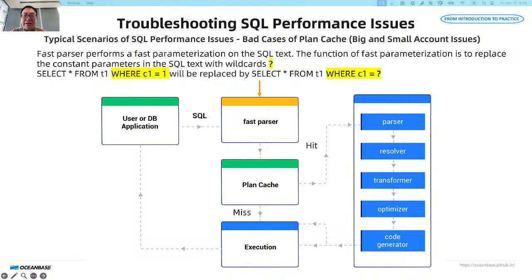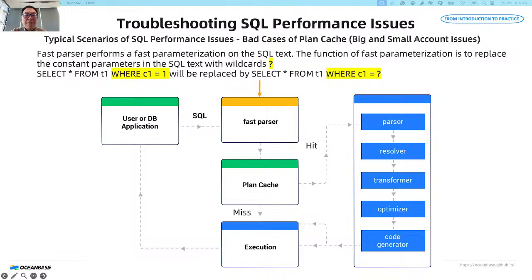We mentioned earlier that for parameterized SQL, after the execution plan is generated, the plan will be saved in the plan cache, and subsequent SQL execution will hit this execution plan. Although this plan reuse method can save time in generating plans, it implies a bad case in a special scenario.